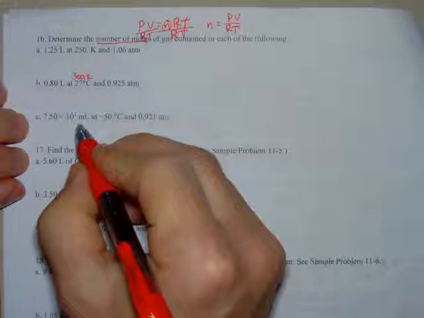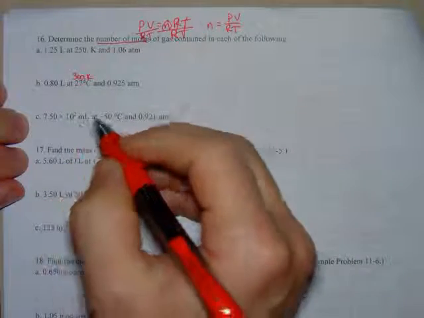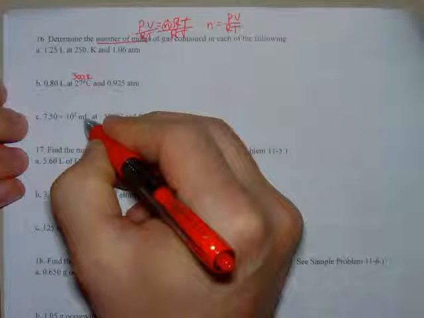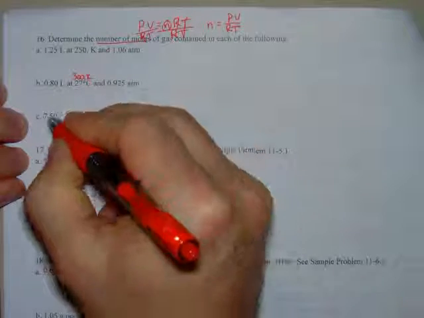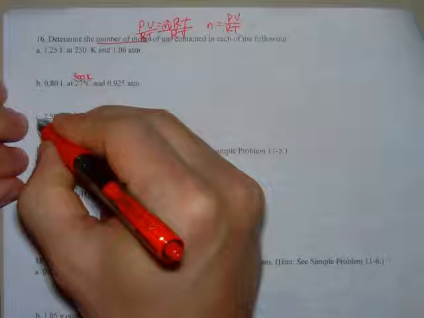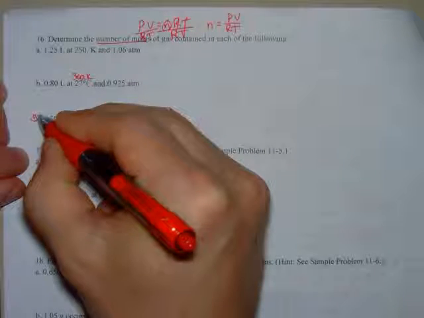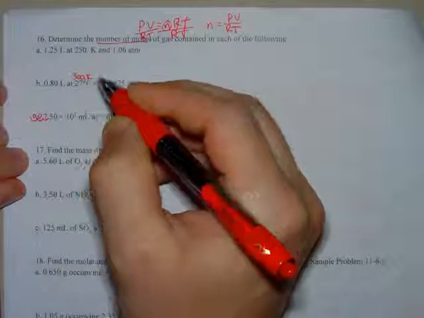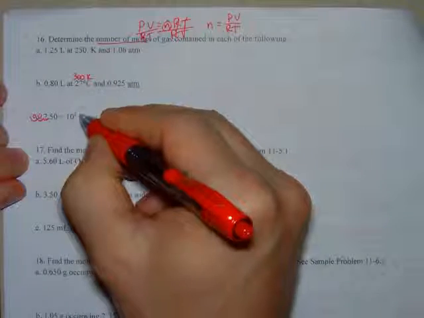Go down to C. This is in milliliters. That's easy enough to convert. All I need to do is get rid of this milli, which is a thousandth, so I'll just move the decimal 3 places. So that's going to be 0.00750 liters.